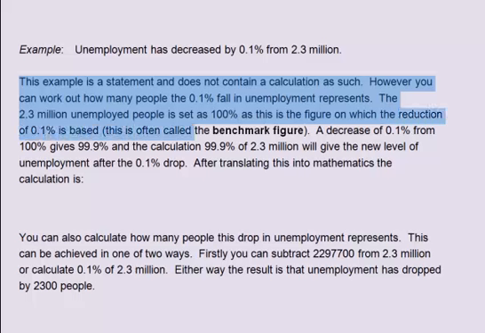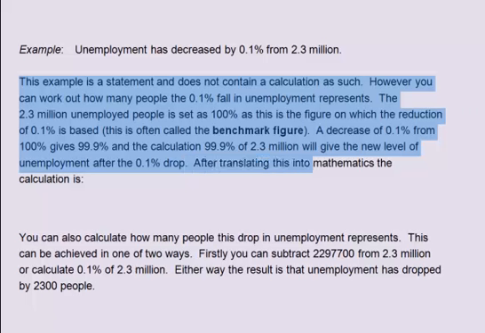This is often called the benchmark figure. A decrease of 0.1% from 100% gives 99.9%, and the calculation 99.9% of 2.3 million will give the new level of unemployment after the 0.1% drop.